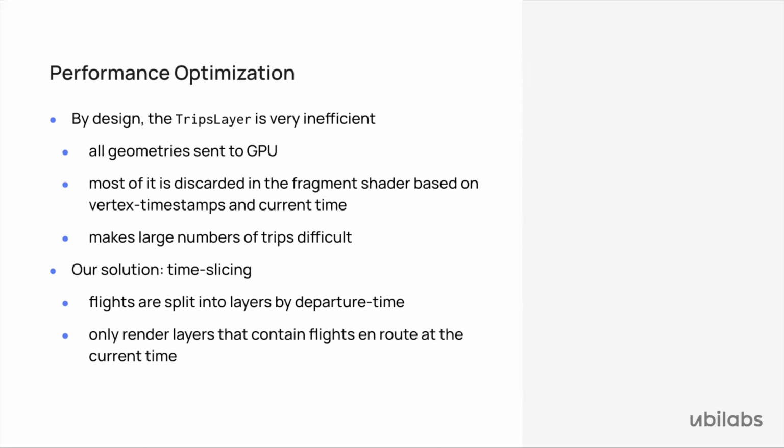At any time when rendering, we can check if there are any flights en route for any of those 24 buckets. It also happens based on the flight duration, so flights that take like 12 hours don't get sorted into the buckets; they get their buckets on their own. That way, we could improve the efficiency of the trips layer by quite a huge amount.